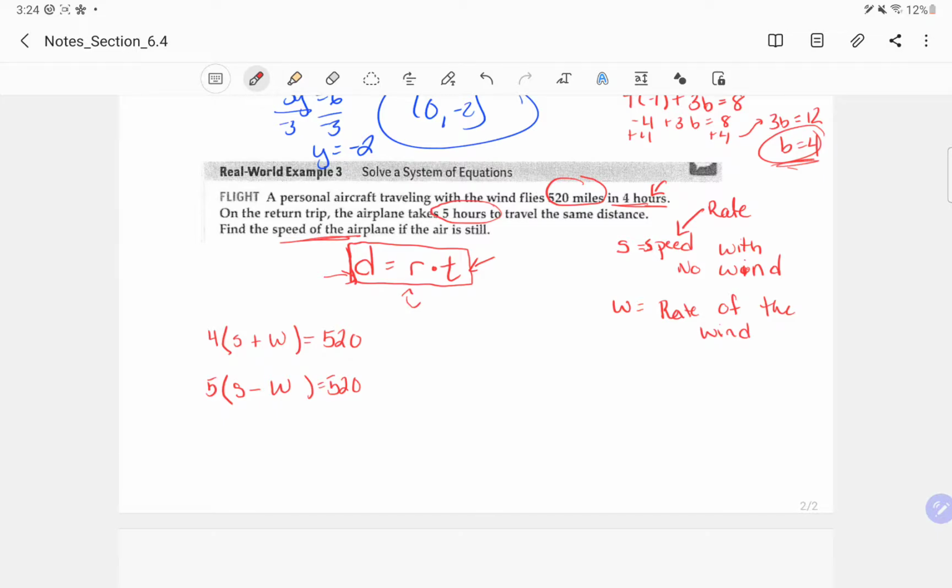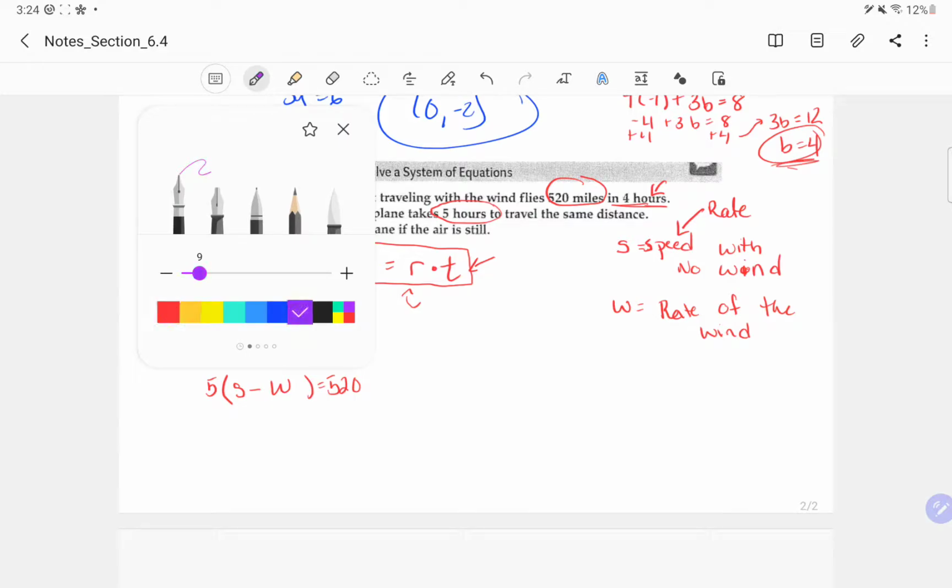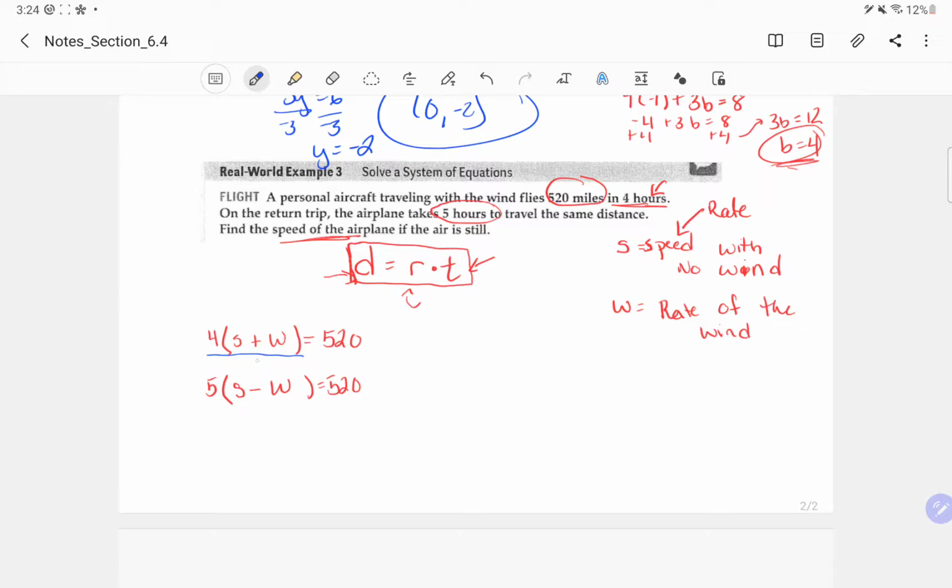So in both cases, we can divide out. So what I'm going to do here is I'm going to divide this whole thing by 4, and I'm going to divide all this by 5, okay?